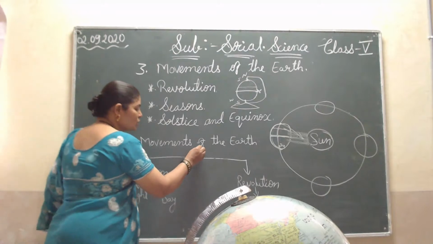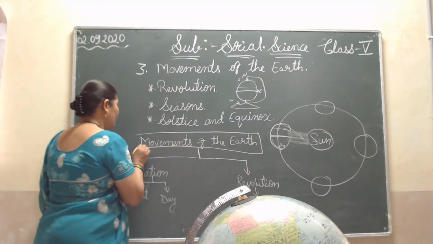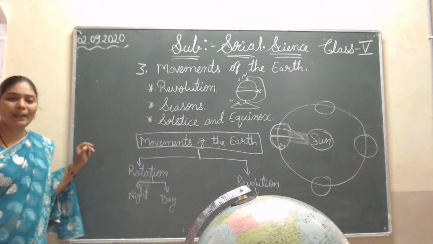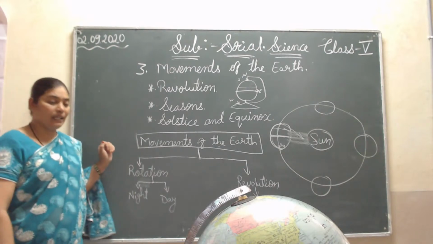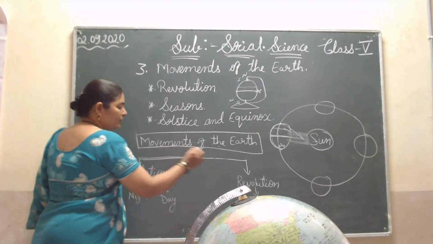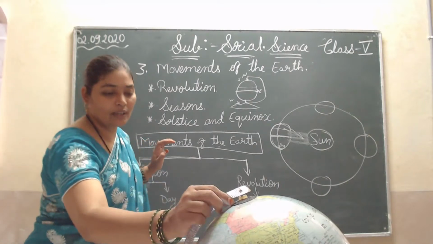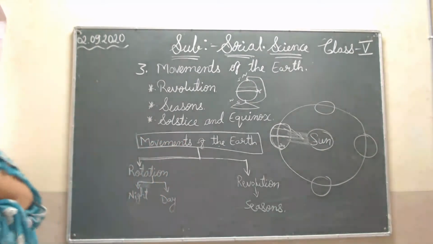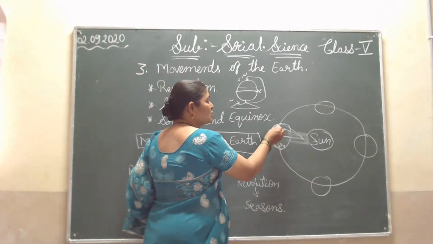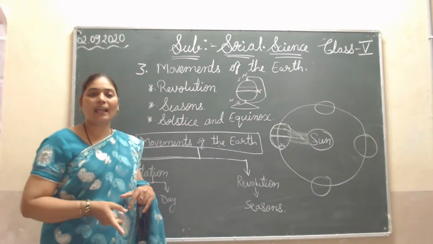Then here, in short, the movements of the Earth. How is the Earth's movement? In short, in Earth's movement, two are there: rotation and revolution. I told you about rotation and revolution. Rotation means the Earth is just rotating on its axis. It causes only day and night.